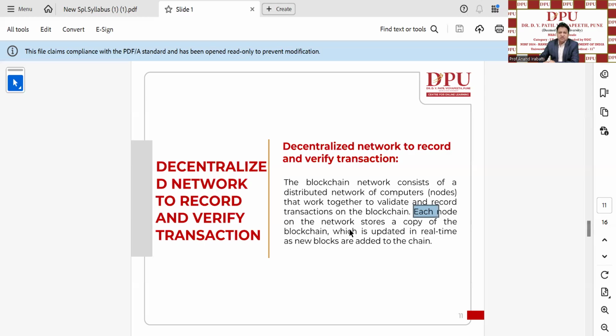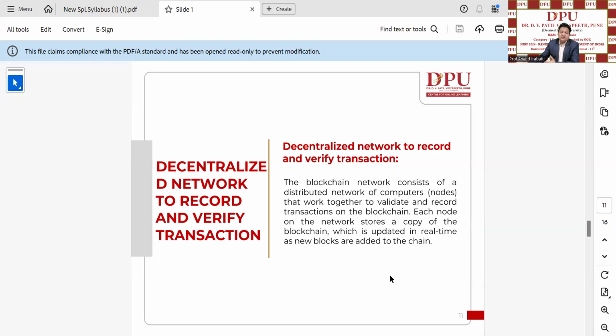Basically, it's a network of computers, a network of nodes, that is decentralized. So the blockchain network consists of this distributed network of computers that we call nodes, that work together to validate and record the transactions on the blockchain, isn't it?